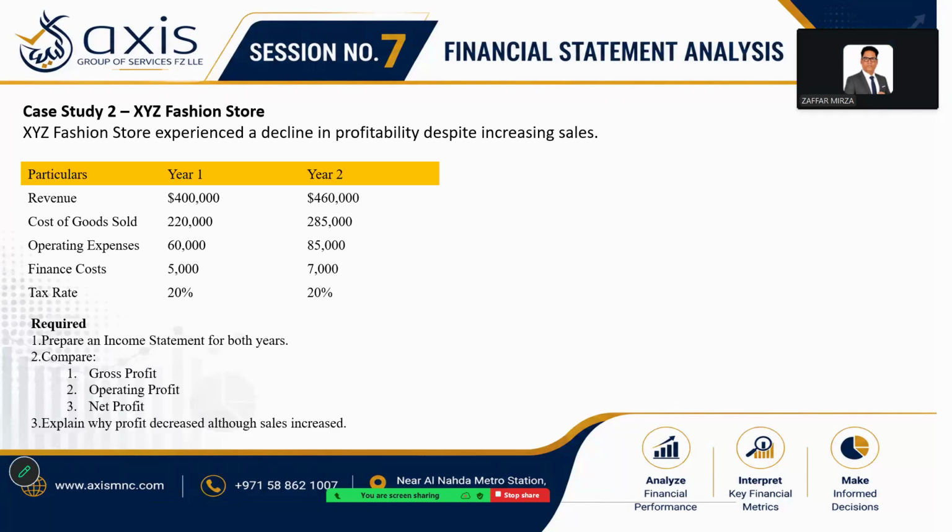So step number 1, we need to prepare the income statement for both the years. Then compare the gross profit, operating profit, and net profit of both the years. Then explain why profit decreased although sales is increased.